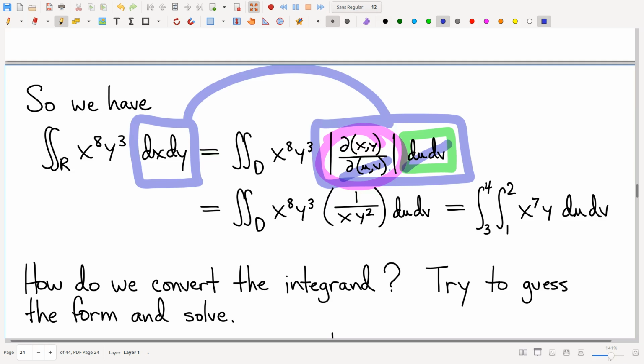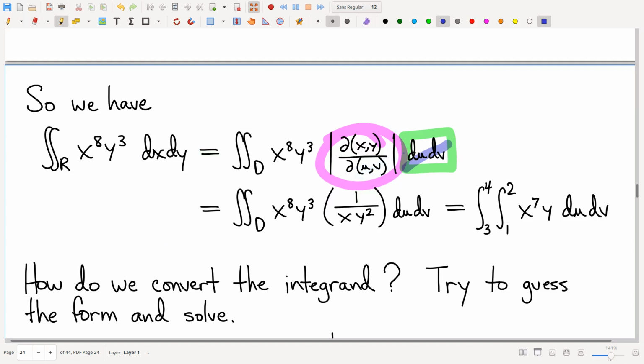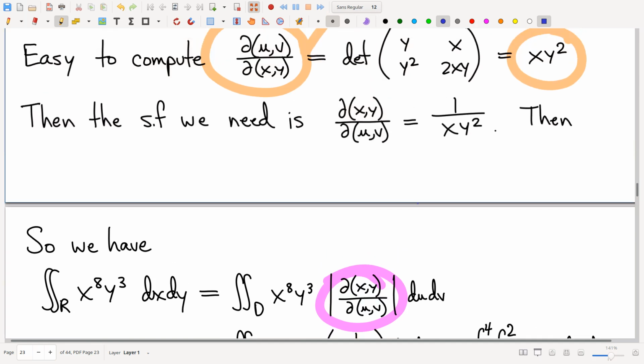It's a way to keep yourself straightened out. Is that cool? Okay, so we realize then that that's what we need. I need partial xy, partial uv. I have partial uv, partial xy, because that was easy to compute, because I knew formulas for u and v. I don't have formulas for x and y.